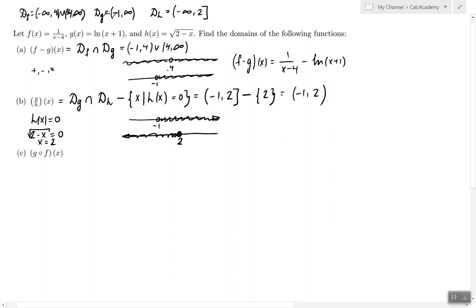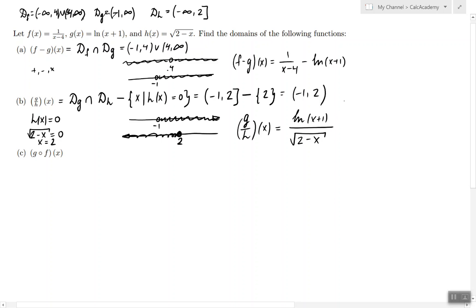Now the other way to find the same domain will be to just write g over h of x as a quotient and not simplify anything. Consider all the restrictions, pretending like this was the way the function was given to us. And of course it will give us the same answer.